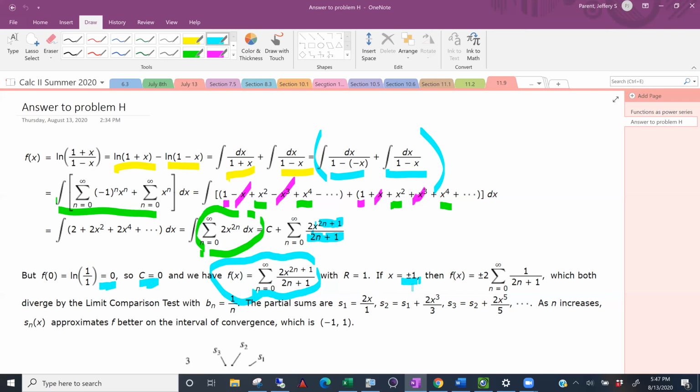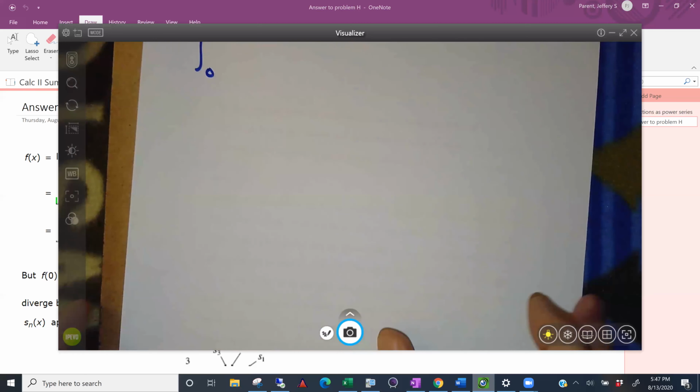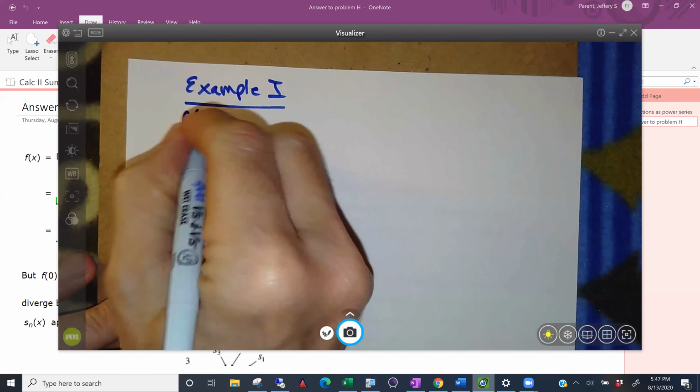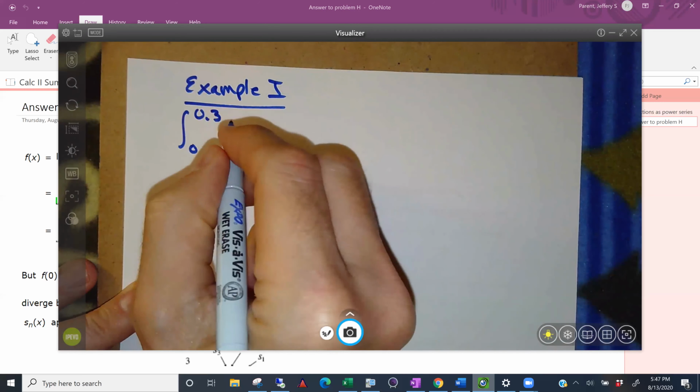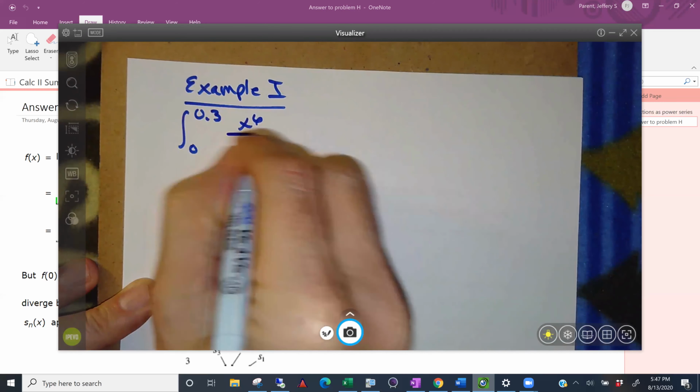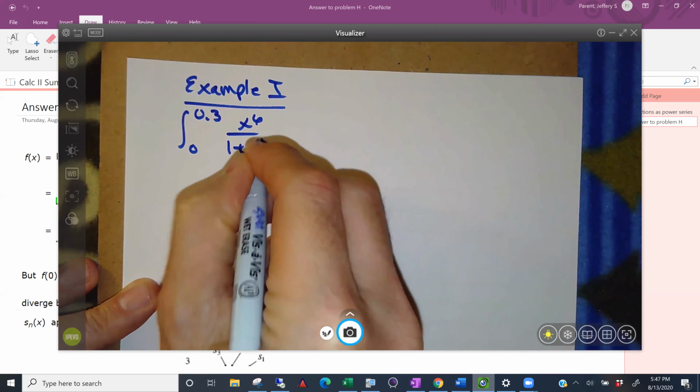So suppose, and let's see, this is example I, if I'm keeping up with things. The last one is example H. Suppose you had to find the integral from 0 to 0.3 of x to the 6 over 1 plus x to the 5th dx.